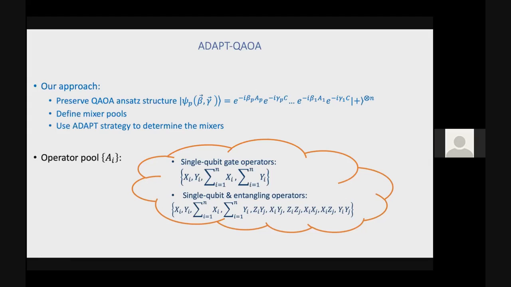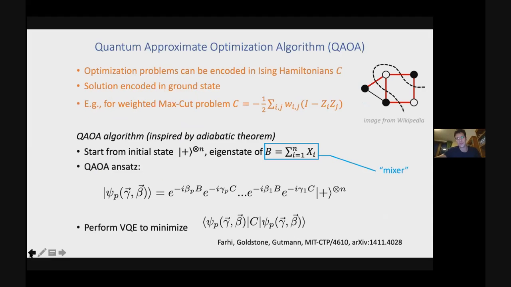Yes, hello. I was just wondering, in this example of an optimization algorithm, you can only define a cut if you have a product state, but this Hamiltonian does not have a product state as a ground state. It will be a superposition of different product states. So how can you... The Hamiltonian C actually is a classical Hamiltonian, just Z's.